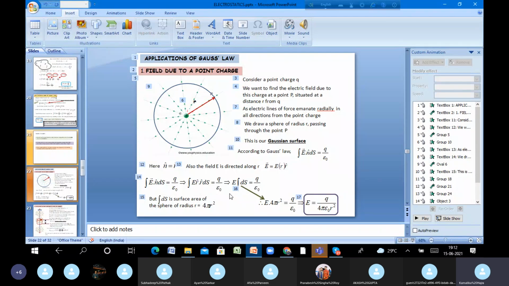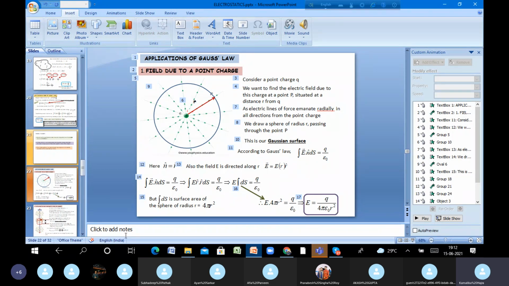Now integration ds means ds is an infinitesimal surface on this imaginary sphere, so integration ds would mean the total surface area of that sphere. For a sphere of radius r, the total surface area is 4 pi r square. So E into 4 pi r square equal to q by epsilon naught. Finally we get the electric field E equal to q by 4 pi epsilon naught r square.